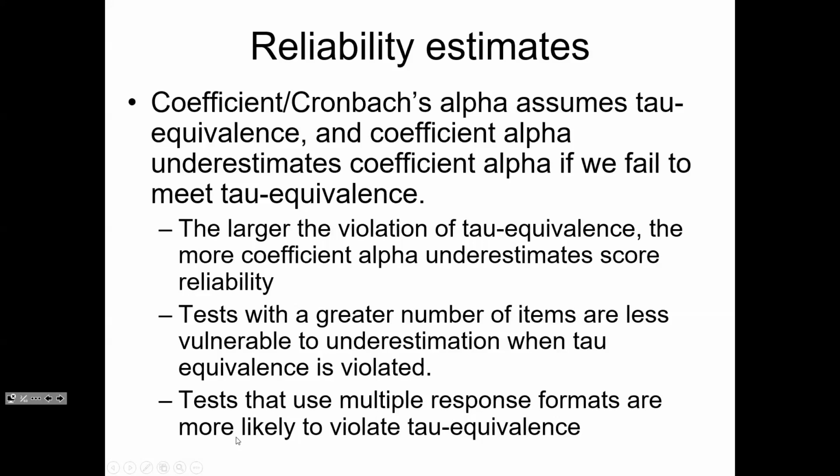Most of the time, the estimates that you get from Cronbach's alpha and coefficient alpha are super close, because it is the difference between using a variance covariance matrix and using a correlation matrix to make your computation.